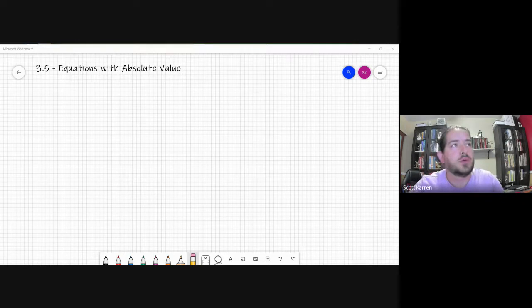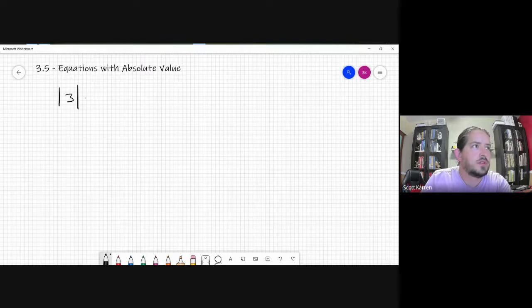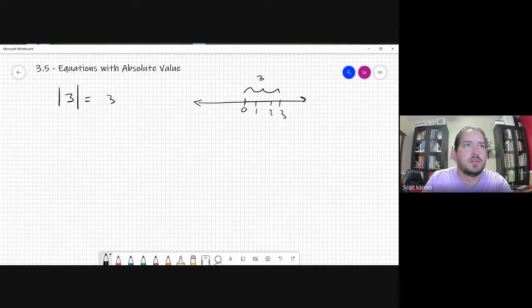So we're talking about equations with absolute value. If you recall, the absolute value of 3 is 3, because on a number line, 3 is 3 units away from 0. That's what the absolute value is. It tells you how far away something is from 0.